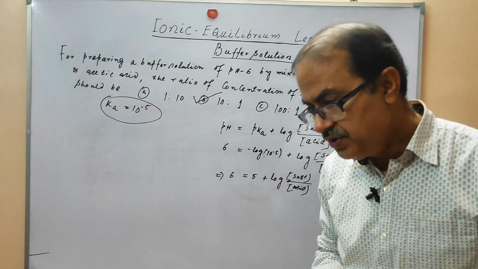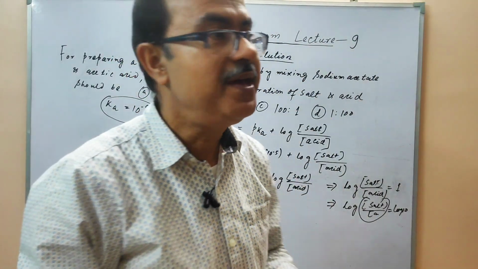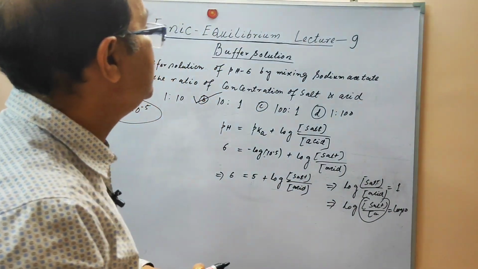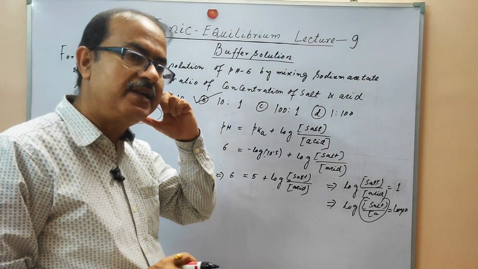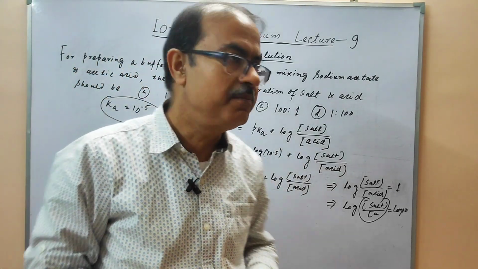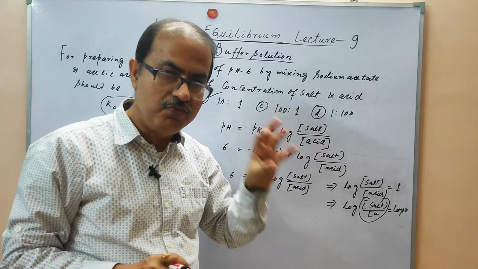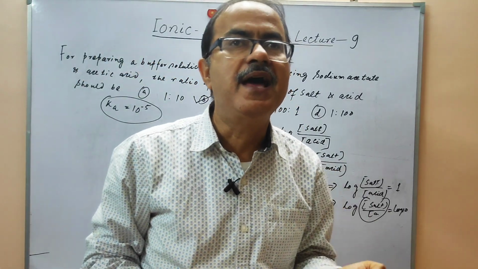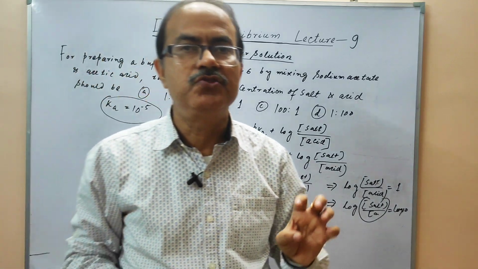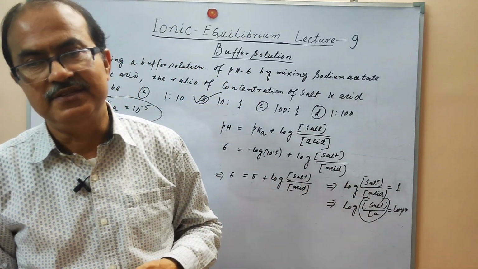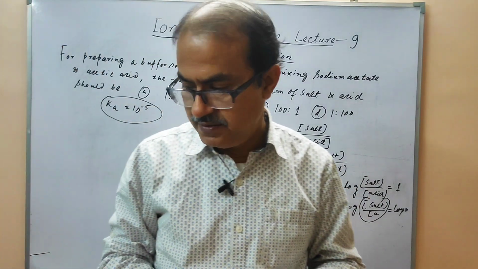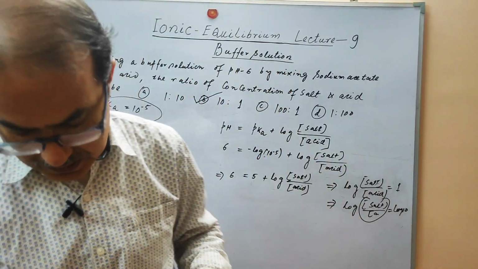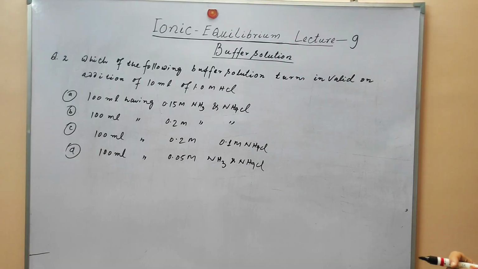Okay, that is how we can prepare a buffer solution of desired pH, which can be governed and determined by the amount of the salt of the weak acid and the concentration of this acid, and that is really very much helpful to understand. Okay, very good question, good numericals that you can see.